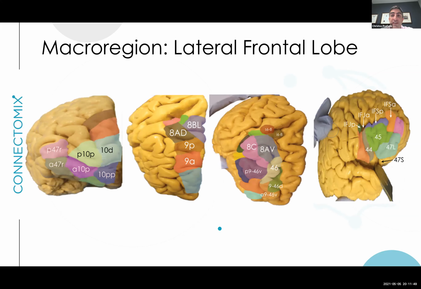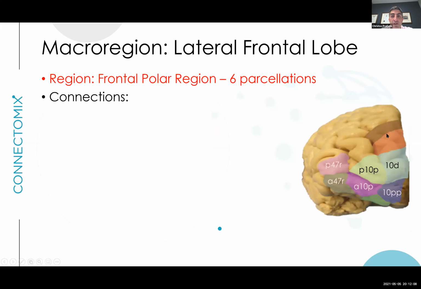We're going to start in this macroregion. The lateral frontal lobe is composed of the frontal pole, the superior frontal gyrus, the middle frontal gyrus, the superior frontal sulcus, the inferior frontal sulcus, and the inferior frontal gyrus. The first region we're going to look at in this macroregion is the frontal polar region, which has 6 parcellations.